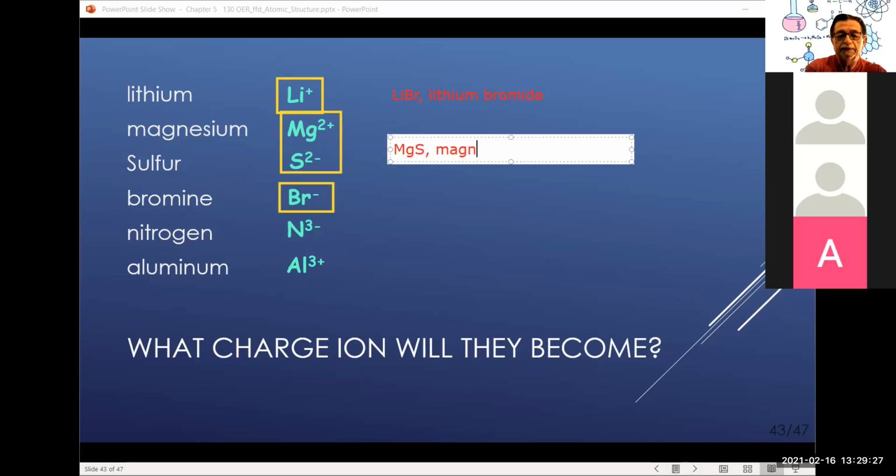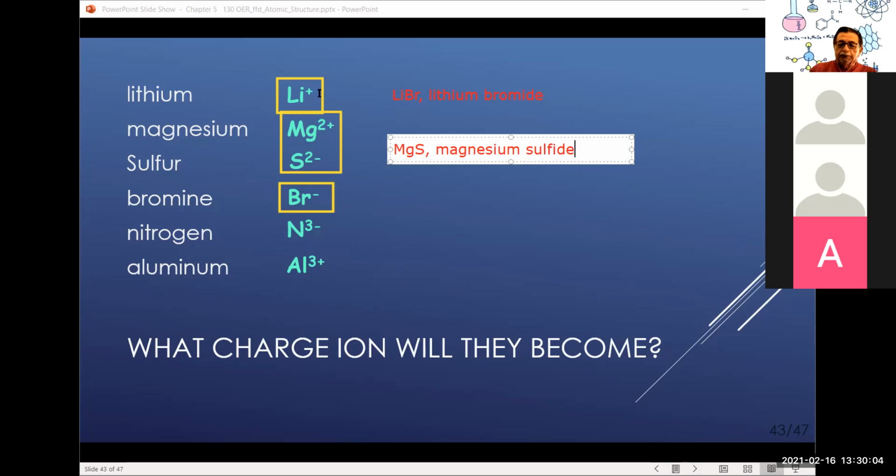And I got magnesium sulfide. Now I used magnesium, but think of all the elements in group 2. You got beryllium, you got calcium, strontium. You can do the same thing with everything. So you can have calcium sulfide, beryllium sulfide, strontium sulfide, and it just goes on. The same is true for group 1, where we put lithium bromide. It could be sodium bromide, potassium bromide, cesium bromide, etc.